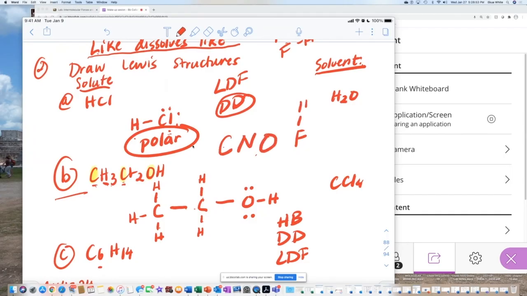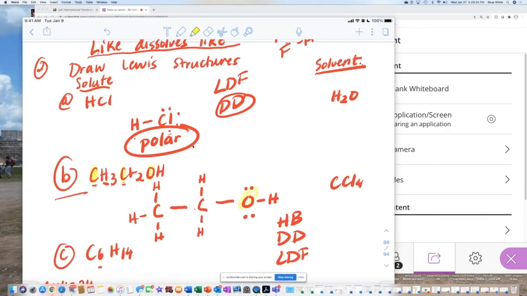If you attach an H to each of these, you get the three we're talking about. Carbon-hydrogen is nonpolar. Starting from nitrogen, oxygen, and fluorine, NOF, you add H to each of those, and it gives you the hydrogen bonding elements. So in that group of four, carbon cannot hydrogen bond, but the rest of the three can.